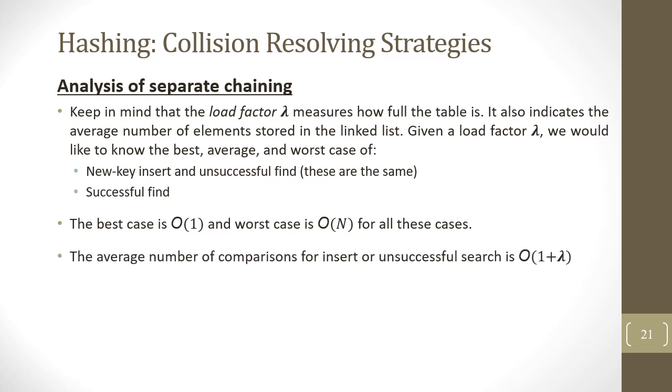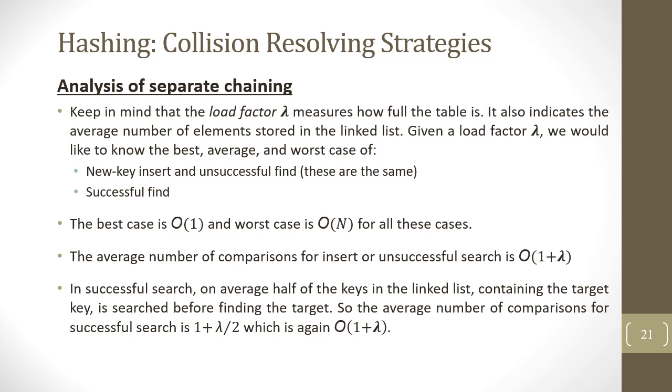The average number of comparisons for insert or unsuccessful search is 1 plus lambda. The 1 is for locating the slot and lambda is the average size of the linked list. In successful search, on average, half of the keys in the linked list containing the target key is searched before finding the target.